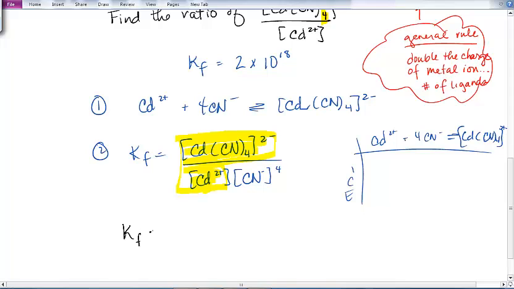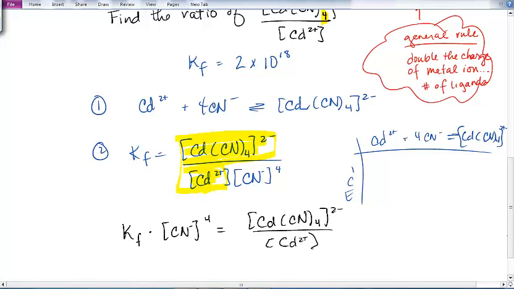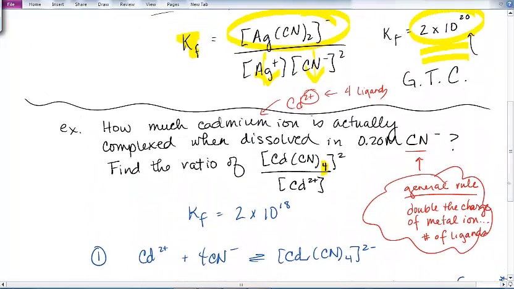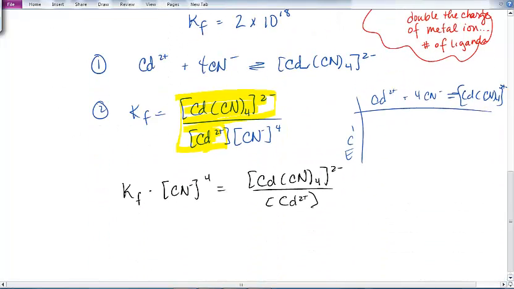So if I take the KF times the concentration of the cyanide ion to the 4th, that gives me the ratio that I'm interested in. And if I go back to the original problem, I want to know when it's dissolved in this concentration of CN-, how much exists.